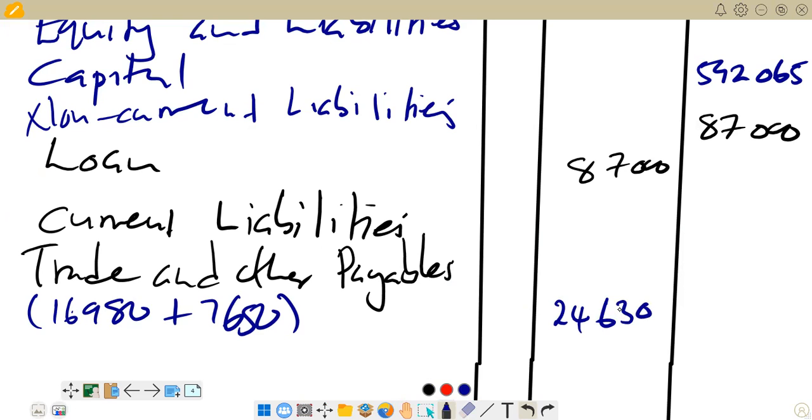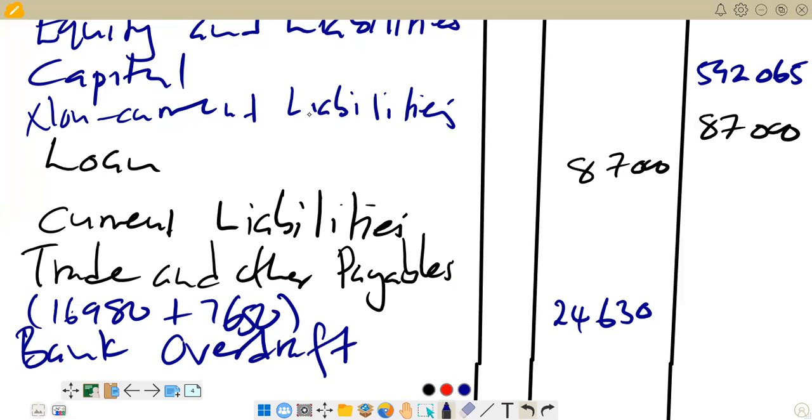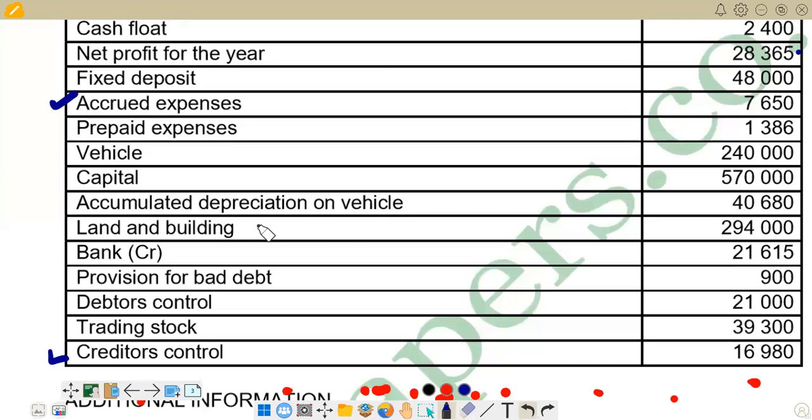And then we remember we have that bank overdraft that we identified when we were on current assets. We can go there to check the figure for bank overdraft. We have it here, bank with a credit balance in overdraft, 21,615. So this is the last figure that we're going to put under current liabilities. We don't have any other current liability there.